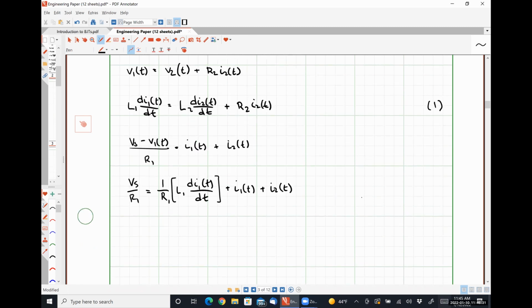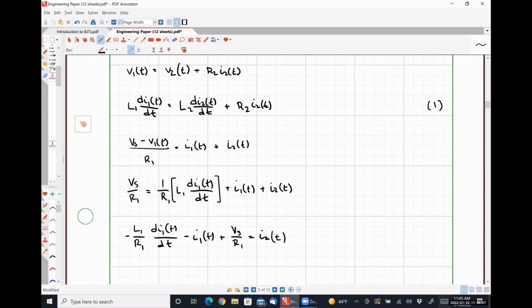So we'd have negative L1 over R1 di1 by dt minus I1 plus Vs over R1 is equal to I2.